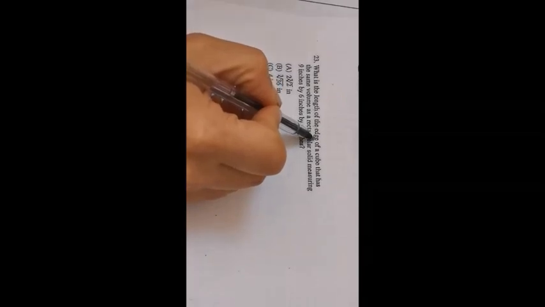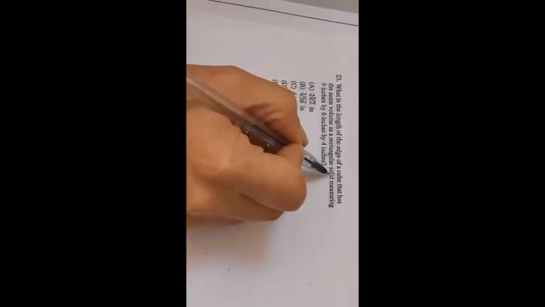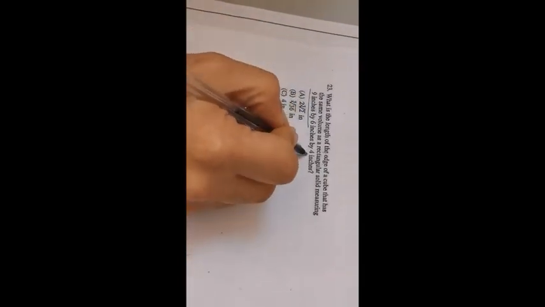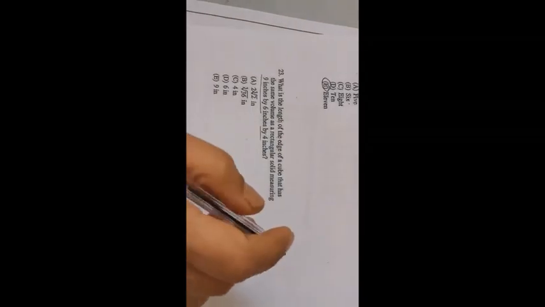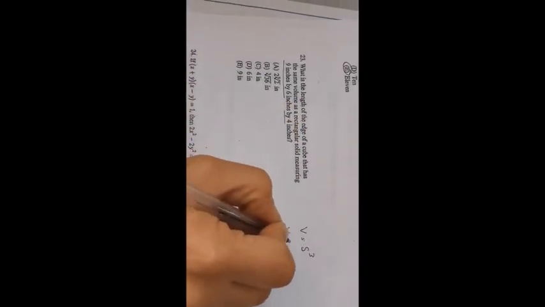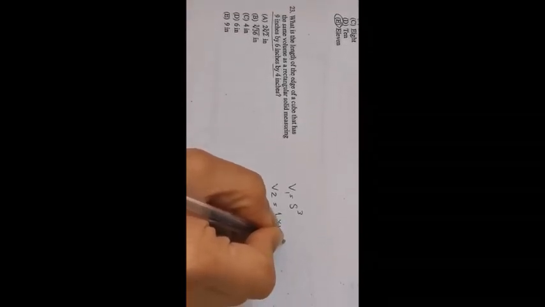Question 23. What is the length of the edge of the cube that has the same volume as a rectangular solid measuring 9 inches by 6 inches by 4 inches? To find that, the volume of the cube is equal to side multiplied by side multiplied by side, or the side cubed. For the rectangular prism, the volume is equal to length by width by height.